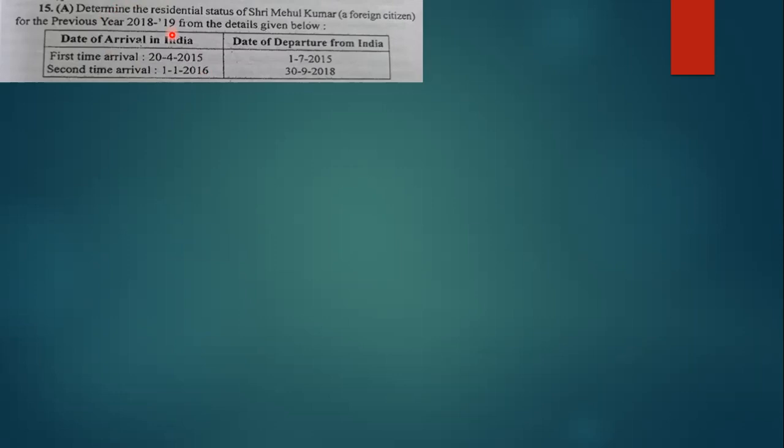Here, nothing has been changed, but in previous sums, we were given the assessment year, that is 19-20. Here we are given the previous year, that is 2018-19. So it is the same, but some students make the mistake of understanding the given previous year as an assessment year, and so they again find the previous year 2017-18 and then the calculation will be wrong.